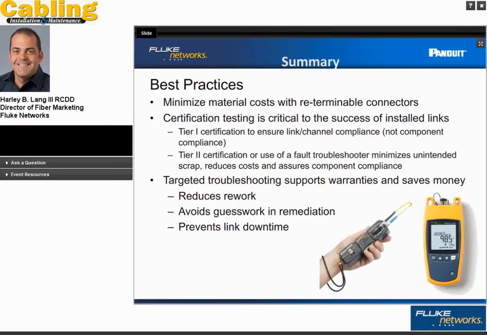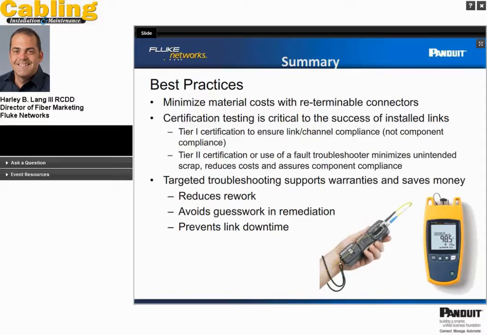Again, though, certification testing is critical. So the cabling needs to be certified for Tier 1 to make sure that the loss is in compliance with the standard. And then we can use Tier 2 certification or the use of a fault troubleshooter like the Fiber Quick Map to reduce the scrap and make sure that the component compliance is good.